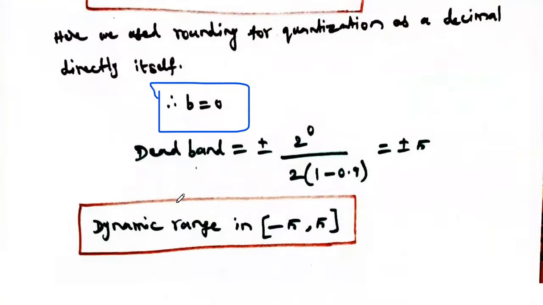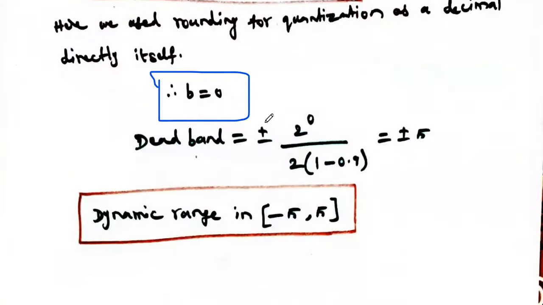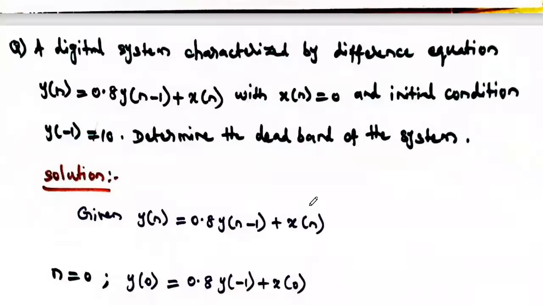Therefore the deadband is equal to plus or minus 2 to the power 0 divided by 2 into 1 minus 0.9. So the answer is plus or minus 5. So the deadband range is minus 5 to plus 5. This is our answer. This is a very important problem.